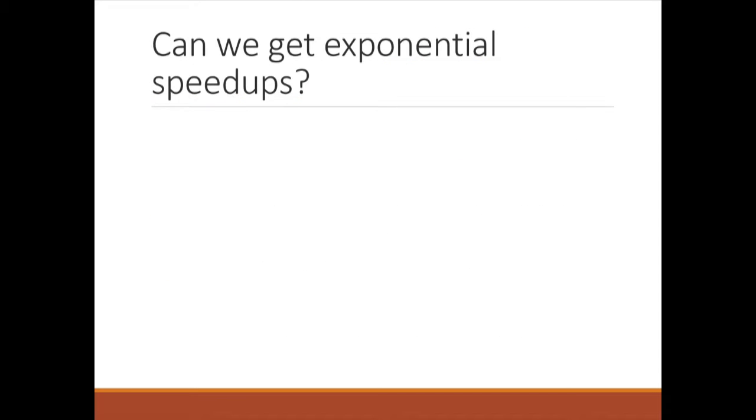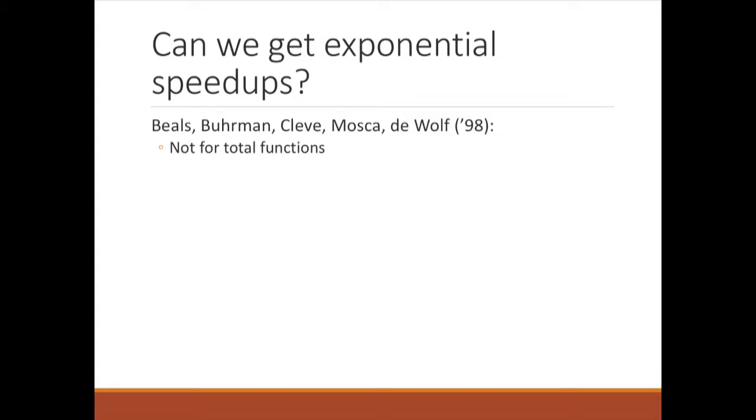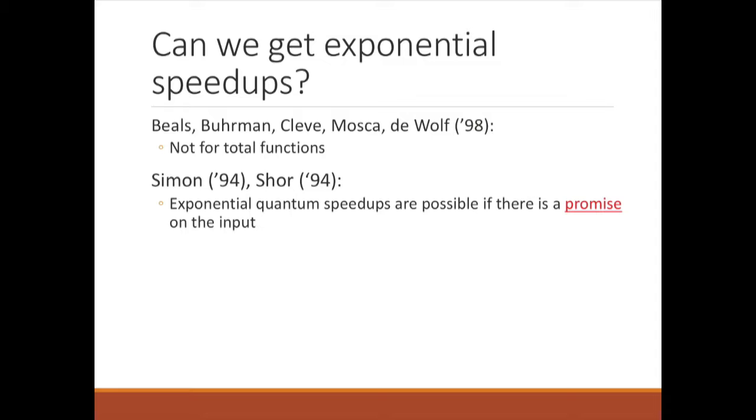So can we get exponential quantum speedups, for example, in query complexity? Well, we know you can't for total functions. But we also sort of know that you can. So what is the catch? Exponential quantum speedups are possible if there's a promise on the input.